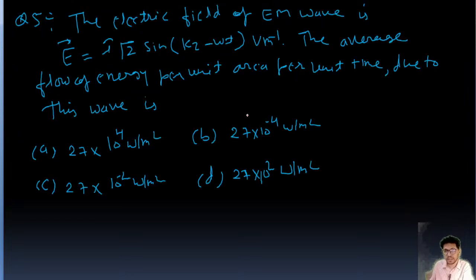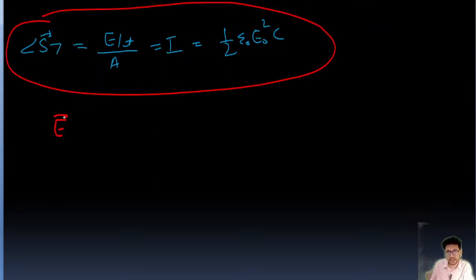Here we have been given the electric field of the electromagnetic wave, right? From here it is clearly seen root 2 is the E naught, so we can write E naught value is root 2, because E is in the form of E naught i cap sine (kz minus omega t), right?